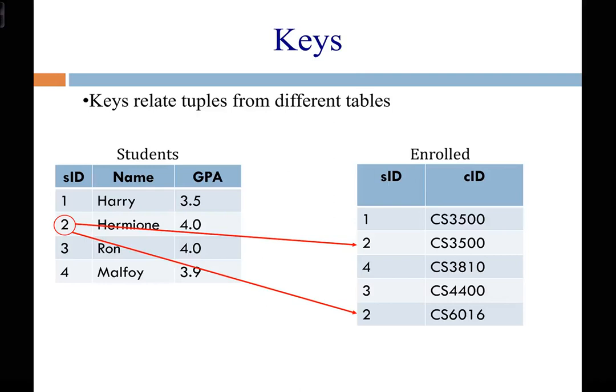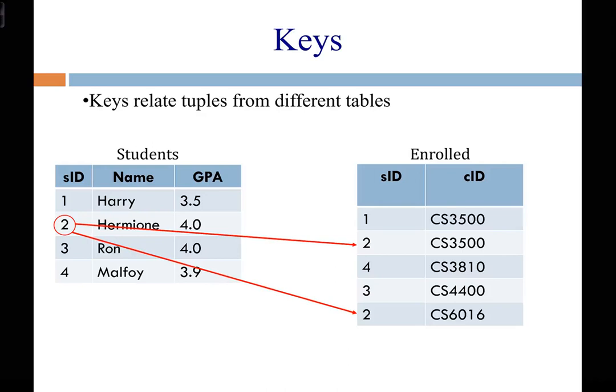So the fact that SID shows up in both of these tables is not a coincidence. It's because they are intended to mean the same thing. SID is a key in the students table. It's not a key in the enrolled table, but it relates to another key.